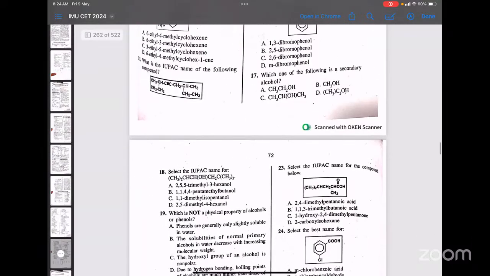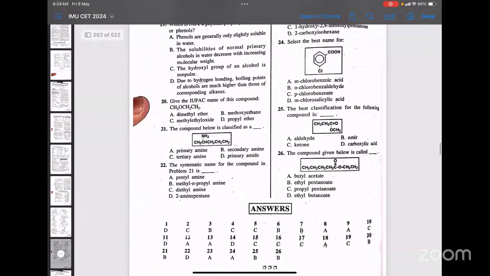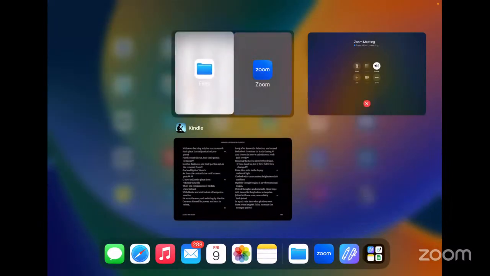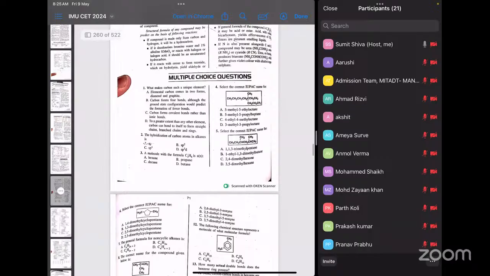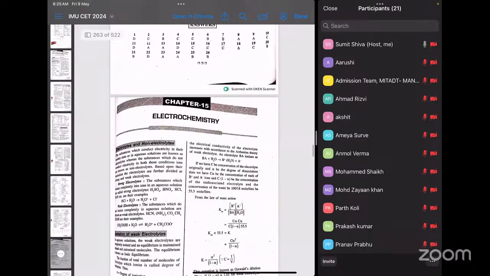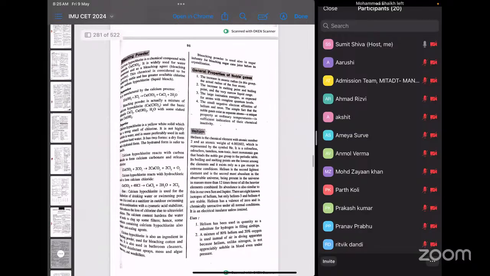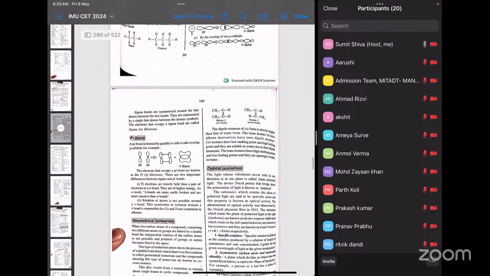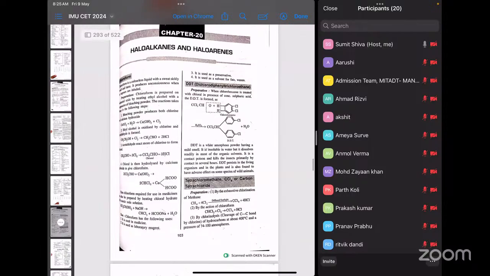IUPAC name is done, right? Yes or no? Yes, sir. Okay. Hello alkanes and hello arenes.